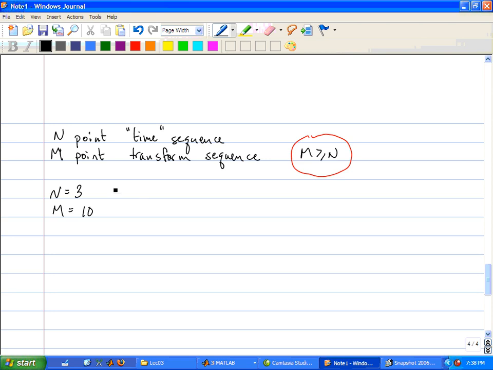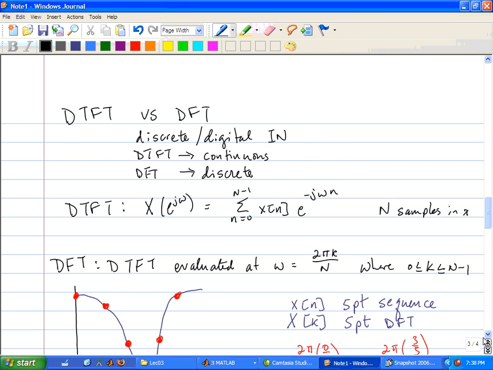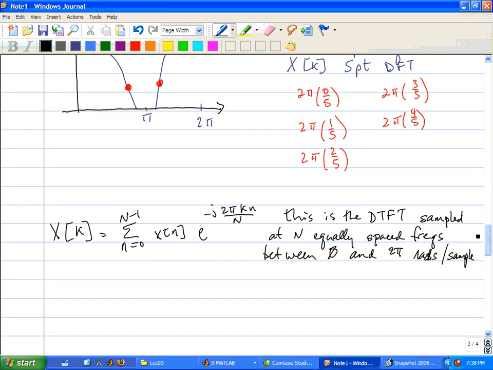Exactly. So let's say I give you h of n equals 1, 1, 1. So I know now that if I take that formula that we just had on the previous page, if we just plug and chug, I'm going to get a 3-point DTFT out of that.